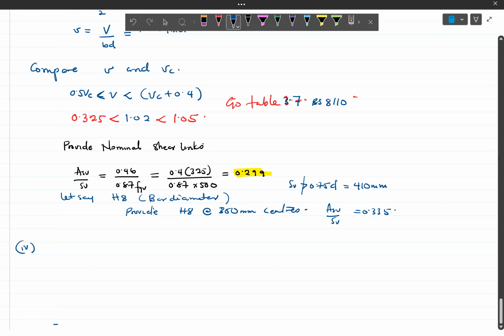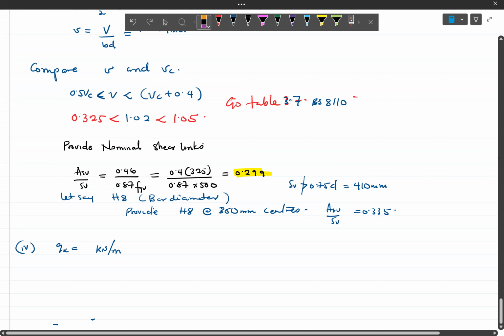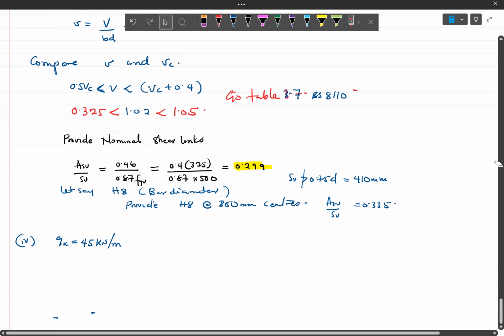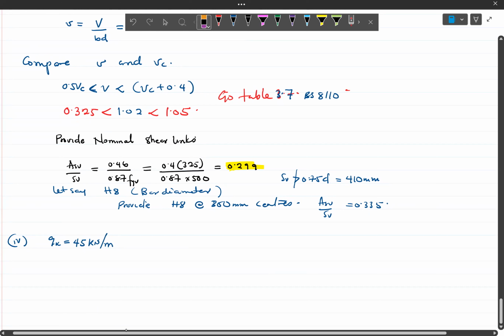Where our live load QK is 45 kilonewtons per meter. If that is the case, then our ultimate load W will be equal to 1.4 times 10 plus 1.6 times 45.